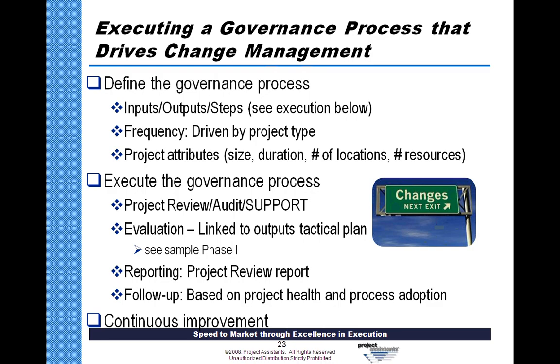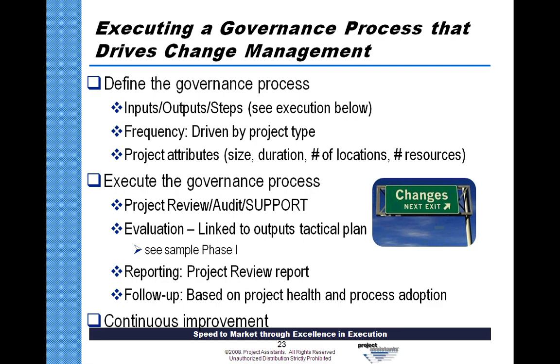What are the inputs and outputs and the steps that are going to be followed? How often is it going to happen? Which kinds of projects need to be reviewed? Is it going to be an 8-hour project, a minor modification, a renovation of a room on a house versus the construction of a 40-story building? Is it going to be a reformulation versus a discovery of a new drug? So these attributes would drive how and when things go through the process.